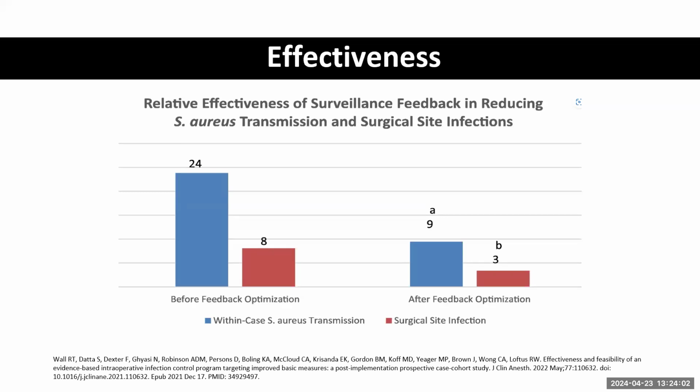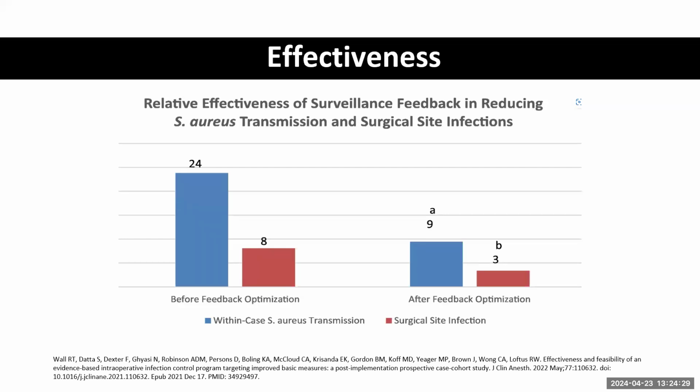So when you look at Staph aureus transmission in blue, you see that there were 24% of cases where there was detection of transmission before, and only 9% after feedback. And in both cases, the bundle was in place. And then with just the bundle, there was an 8% surgical site infection rate, but with the bundle and feedback, there was a 3% infection rate.